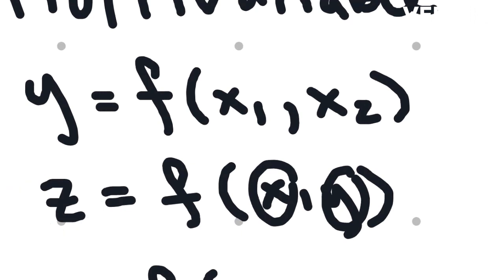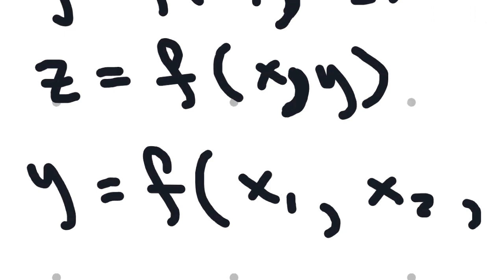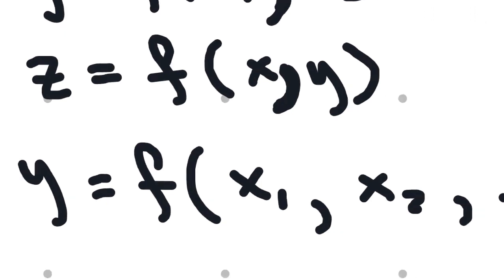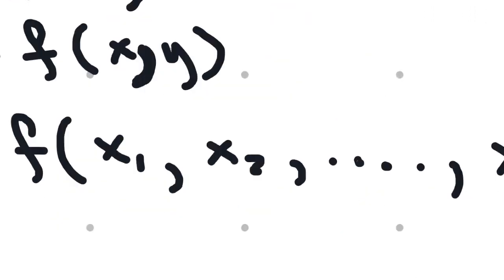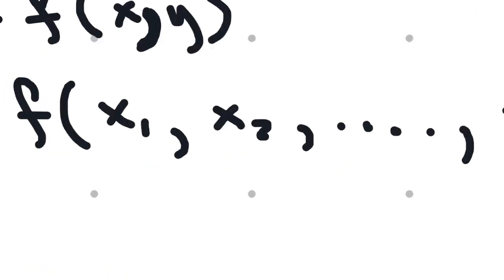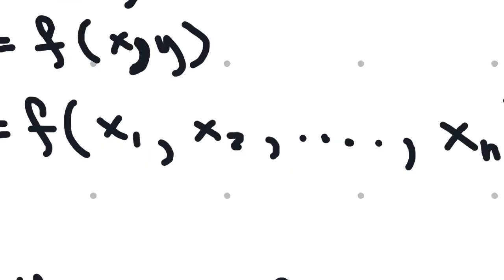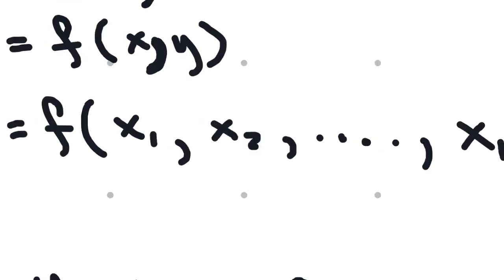So that's a comma, not a one. Okay, so here we have a generalization. We have y, the dependent variable, as a function of, we're not going to say infinitely many, we're talking about math, so yes, x can go to infinity.